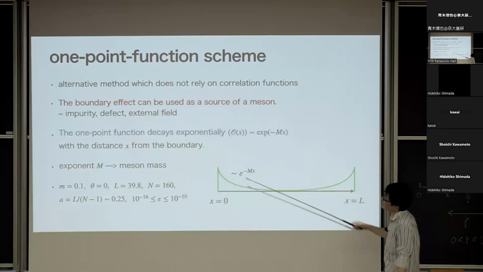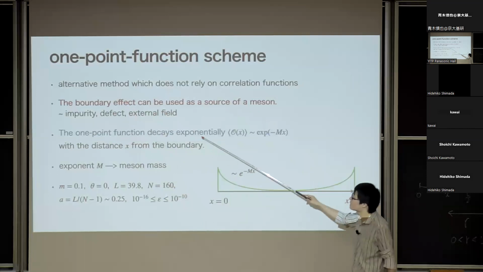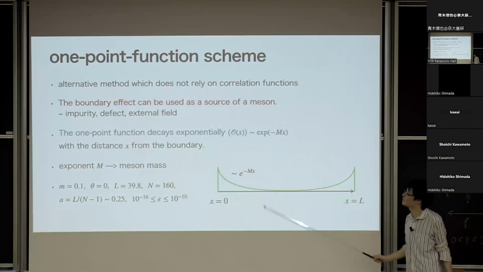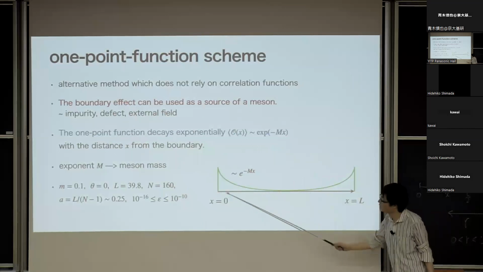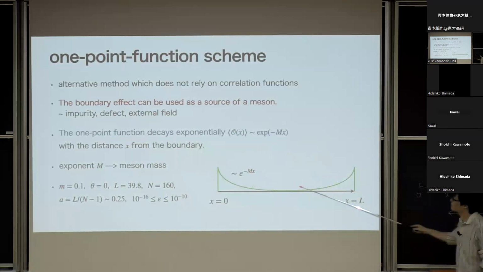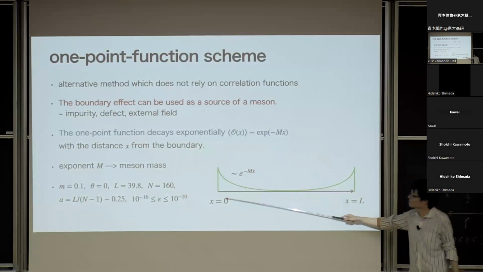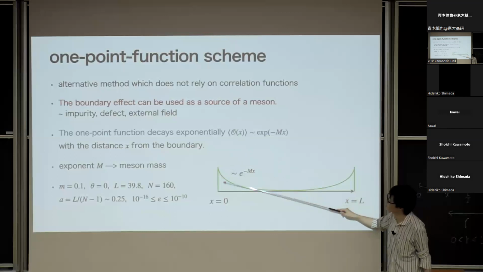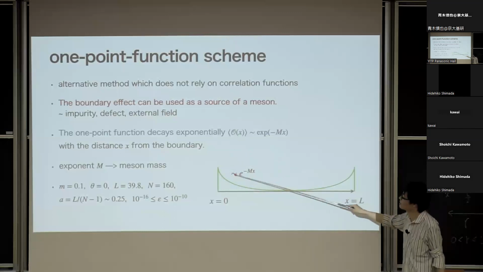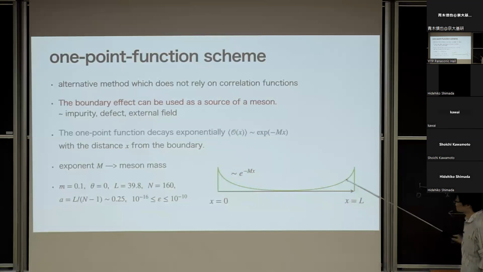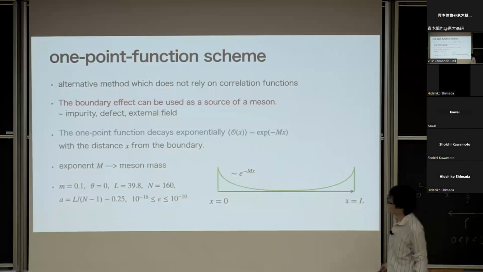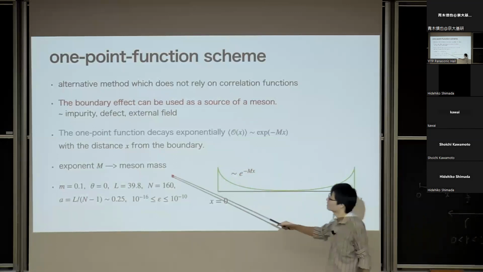In fact, the one-point function of the meson operator decays exponentially as a distance from the boundary. So this is a lattice, and there's a boundary effect like this. This green curve shows the one-point function, and it decays exponentially like this, and the other side also decays exponentially, so it's cosine hyperbolic like. From this exponent, we can extract the meson mass.